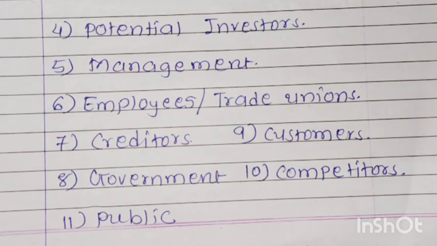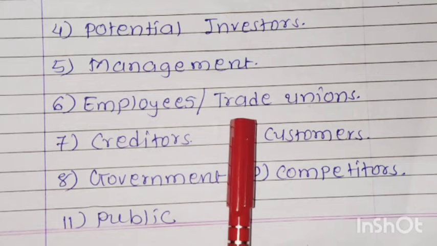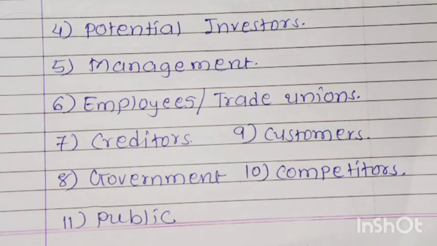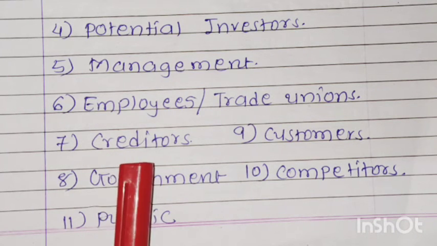Next, employees trade unions. Employees and trade unions are interested in analyzing financial statement from the viewpoint of possibility of better salaries, perks and operating efficiency. Next, creditors.